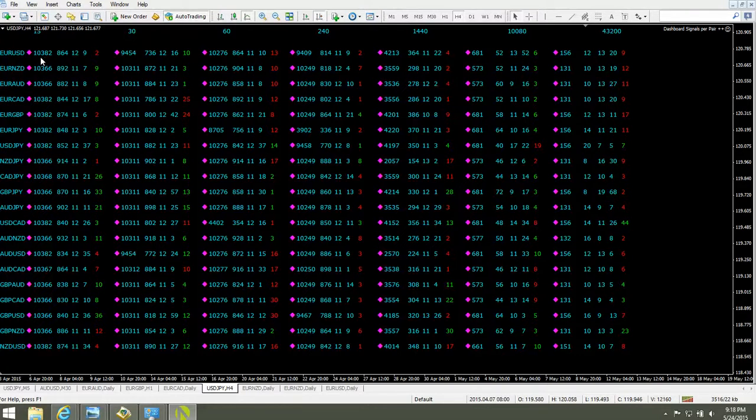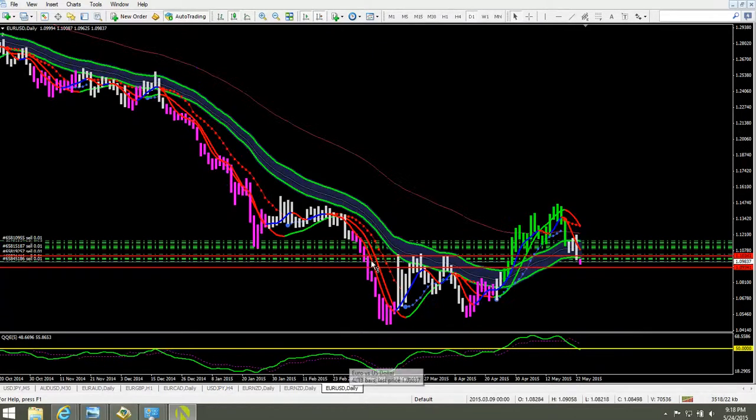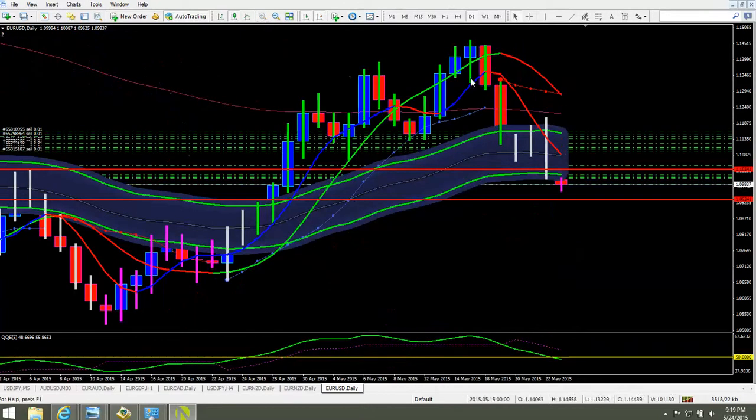That's 10,382. That's how many bars are in the chart that's being tested. And see, here is 1 bar, here's 2, here's 3. It looks like a bar. There's 4, 5.